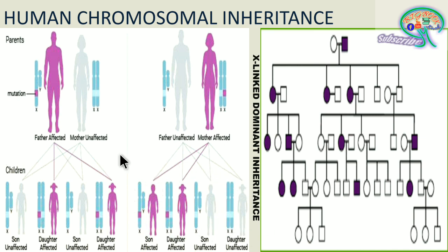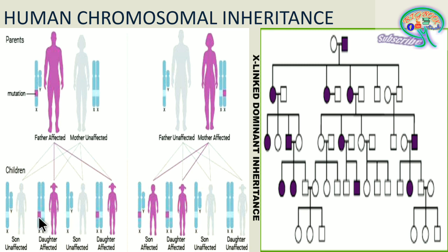You can see, if you consider this particular male who is affected and the gene is present on the X chromosome, he is going to pass his gene to the daughters, because the male's X chromosome will be contributed only to the daughters, but the sons are going to get the Y chromosome.